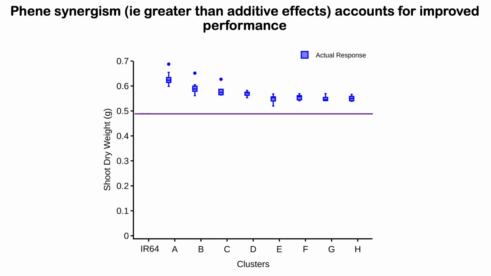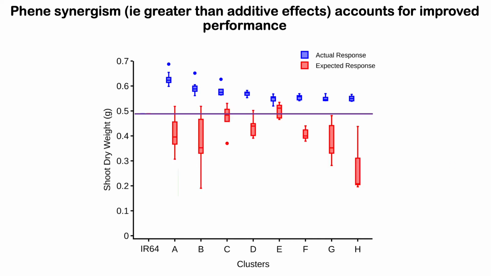Here we see the vegetative growth of the phenotypes under nitrogen stress compared to IR64, which is the purple line. Their expected performance based on the additive combination of their phene states is actually worse than IR64 in all but 2 cases, which is not surprising since IR64 is an exceptional cultivar.